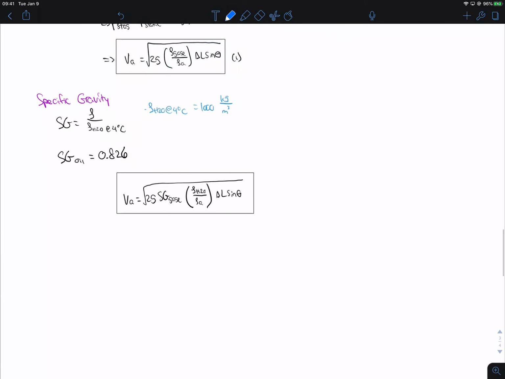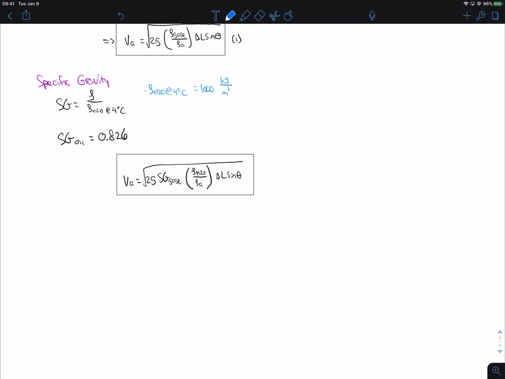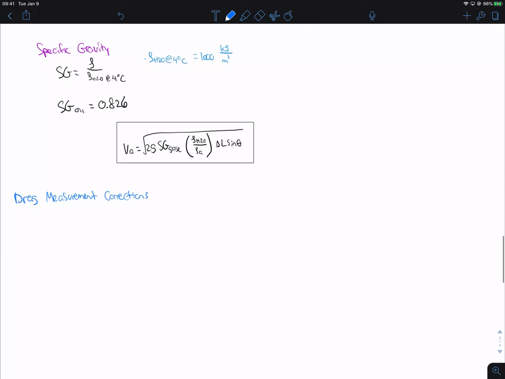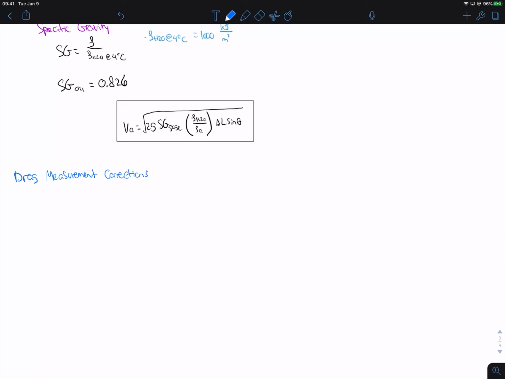Alright, moving along here, slowly but surely. We'll talk about drag measurement corrections. Basically, the objects that we're putting in our wind tunnel are going to be mounted on a support rod.